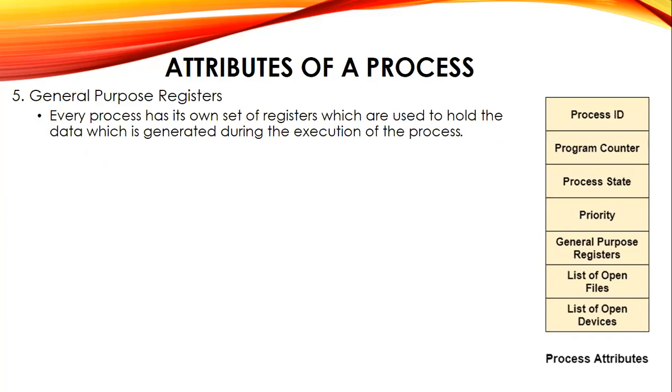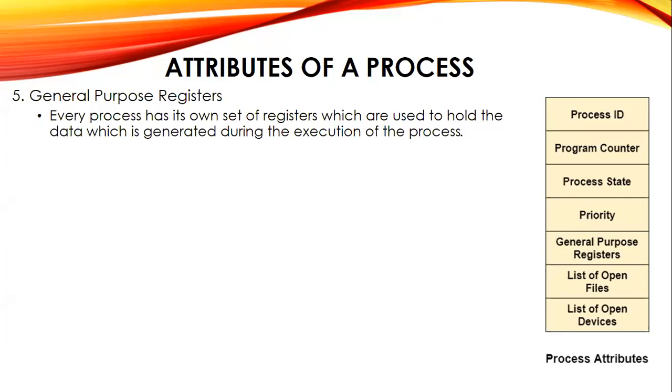Okay, the general purpose registers are used to hold the data which is generated during the execution of the process. So all the data that is generated, we are holding it in registers. Registers are a kind of memory, much smaller than other memories.